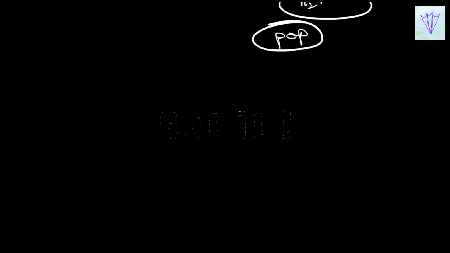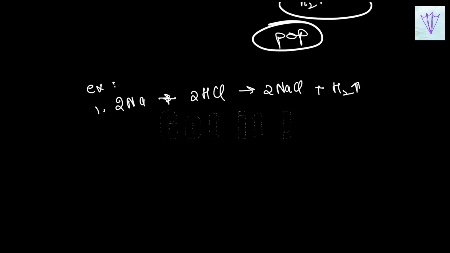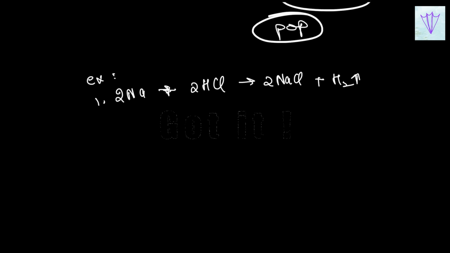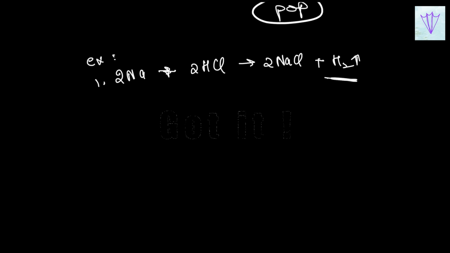Now we'll see the examples. The first example is the reaction of Na with dilute acid. 2Na plus 2HCl will give rise to 2NaCl plus H2 gas. The H2 gas is evolved rapidly and vigorously in this reaction.